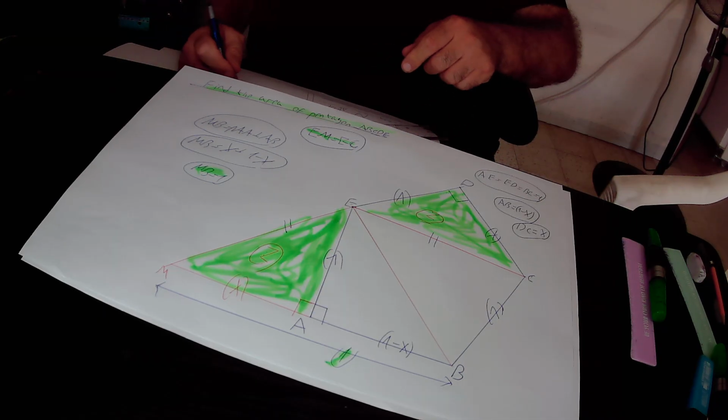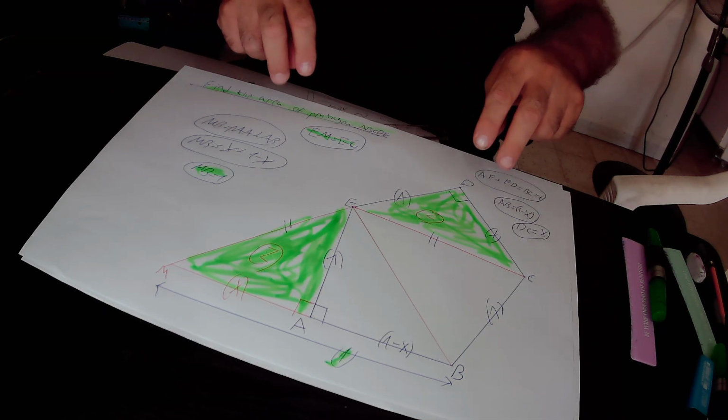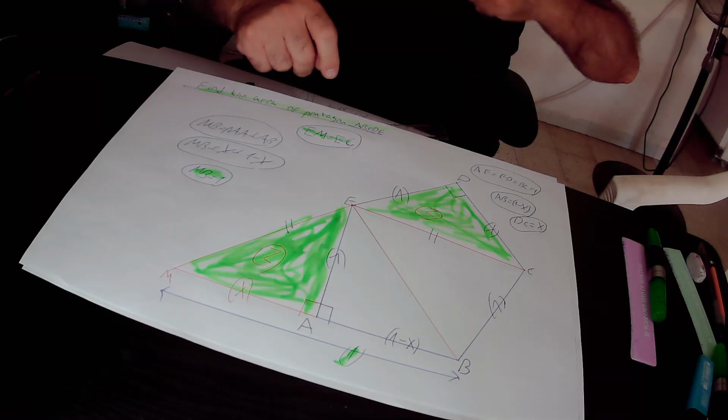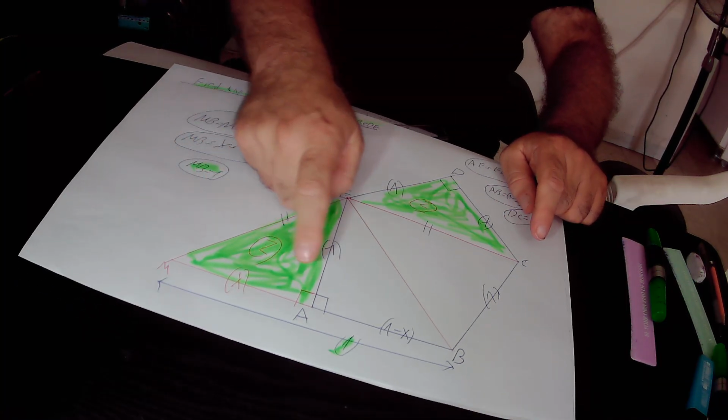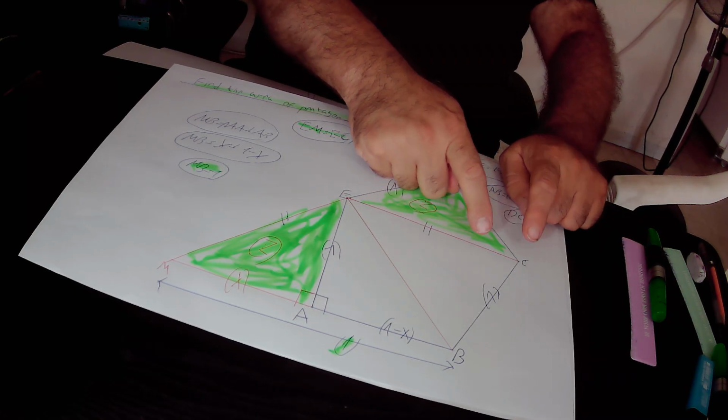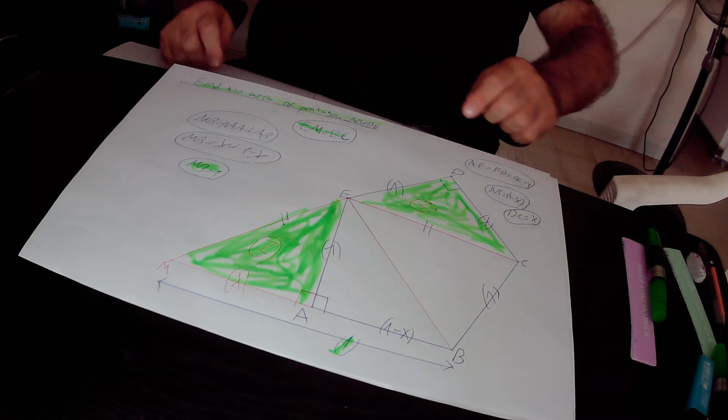So what do those two triangles have equal to each other? First of all, side AB equals side BC. They are both equal to 1 and therefore they are equal to each other.